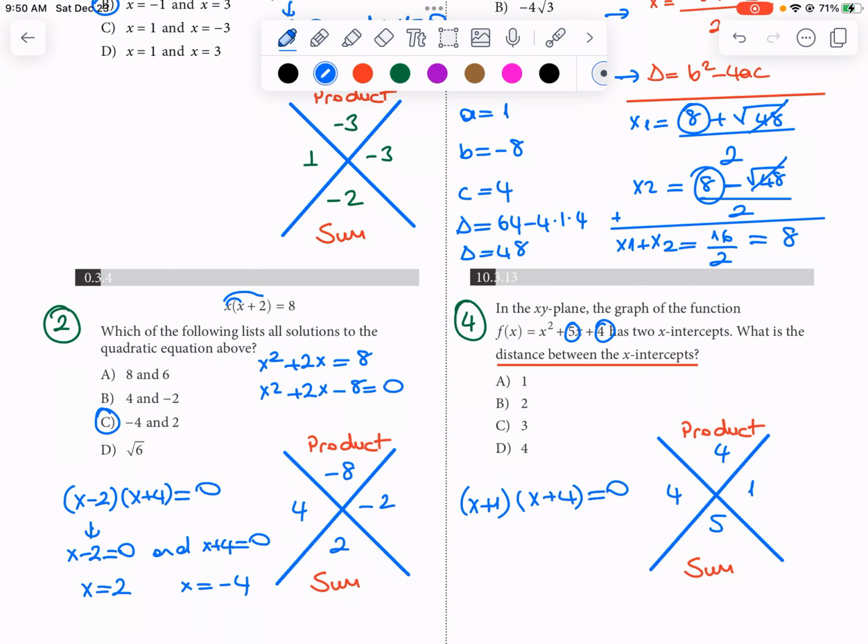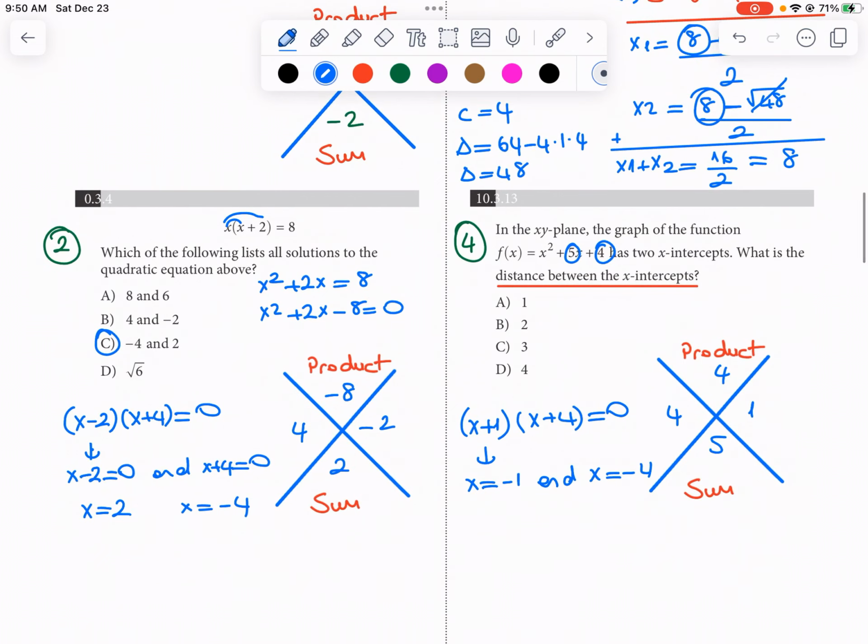Then there will be two solutions for x. One is going to be negative 1, and the other one is going to be negative 4. And we need to find the distance between these two x-intercepts.